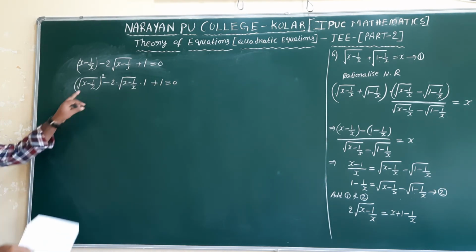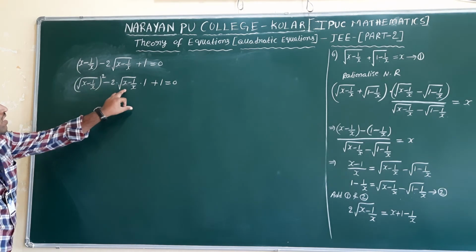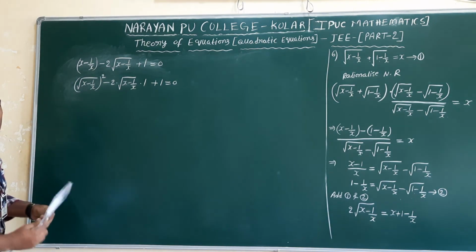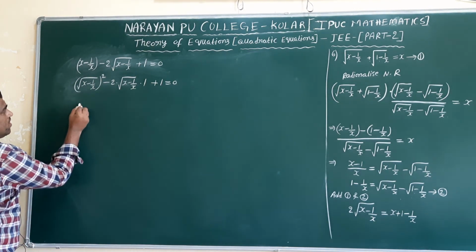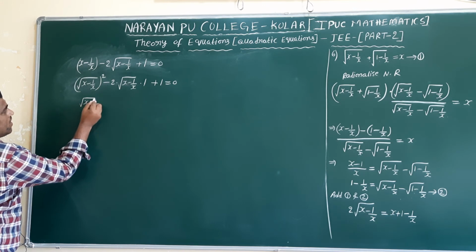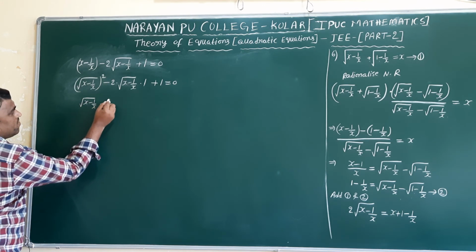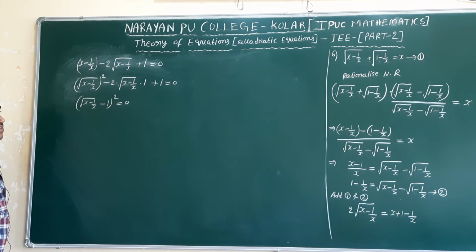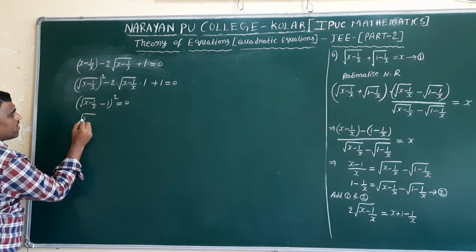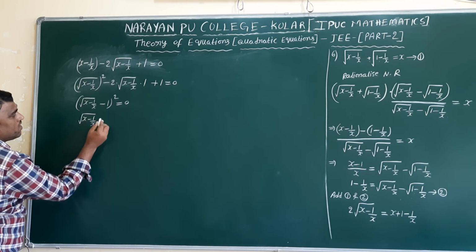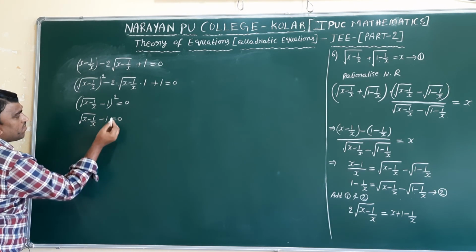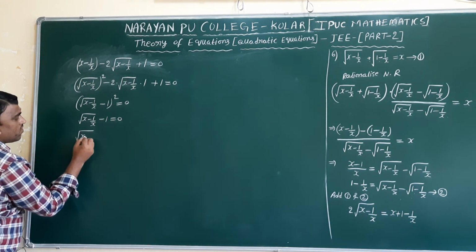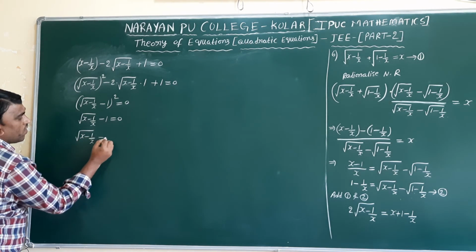Now it is in the form a square minus 2ab plus b square. a minus b whole square, root over x minus 1 by x minus 1 whole square equal to 0. This we can write as root over x minus 1 by x minus 1 equal to 0. Minus 1 sent to the right side, root x minus 1 by x equal to 1.